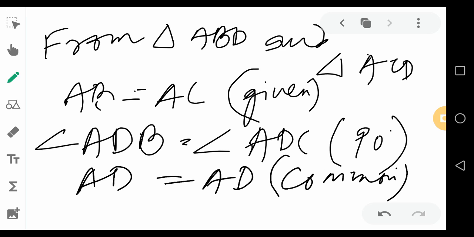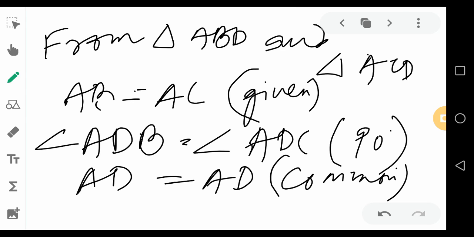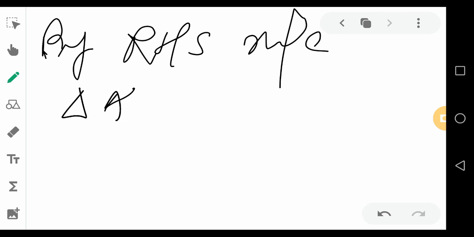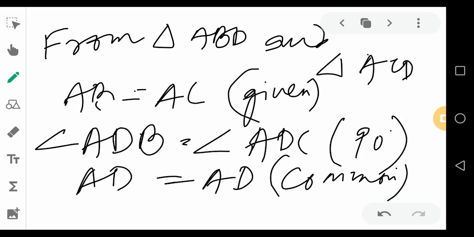So by SAS congruence rule or by RHS congruence rule, we can say that triangle ABD is congruent to triangle ACD. Now if these two triangles are congruent, we can say that BD equal to DC.